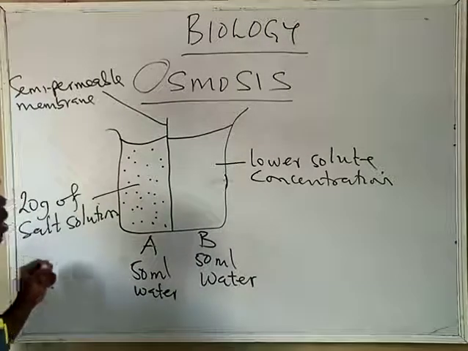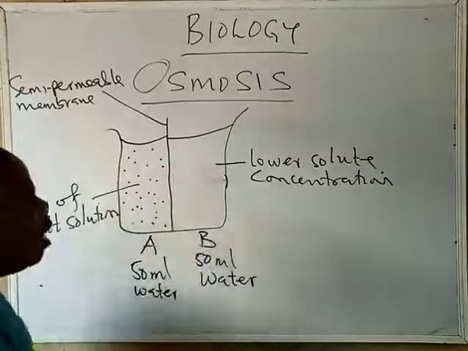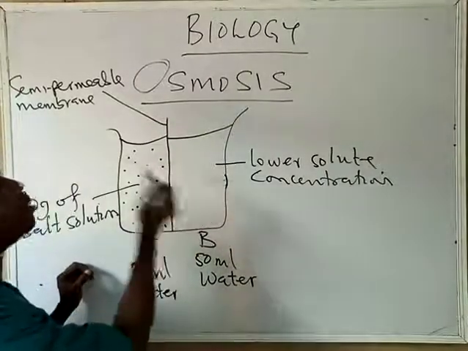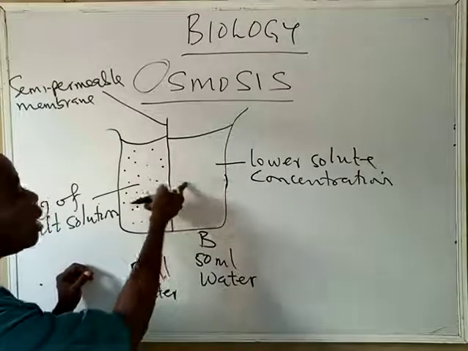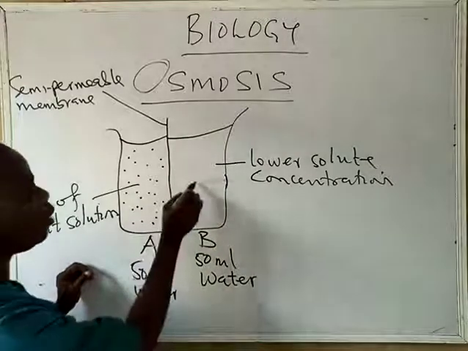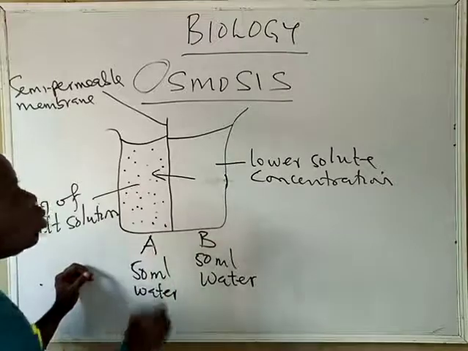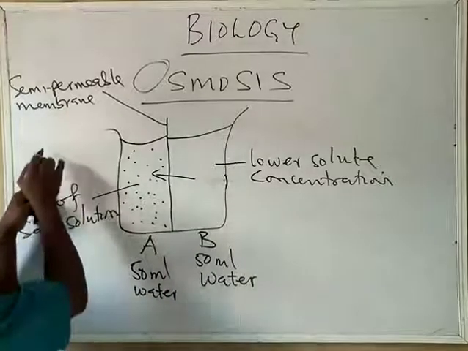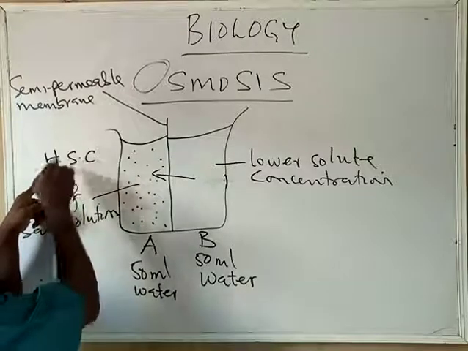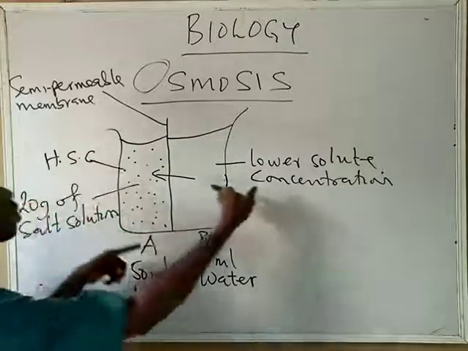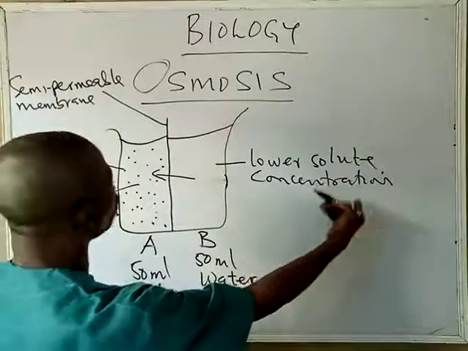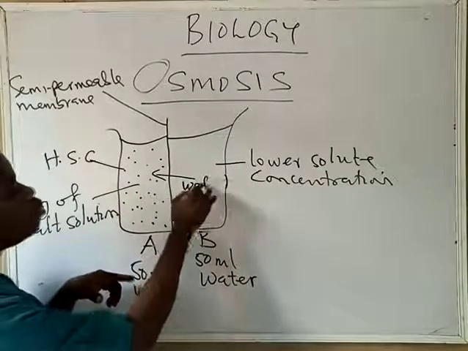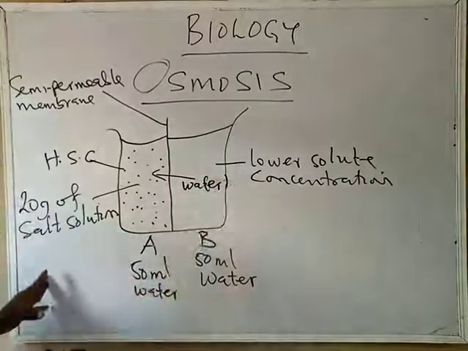So we say that water molecules will now move from regions of lower solute concentration to regions of higher solute concentration. This is region of higher solute concentration. This is region of lower solute concentration. So we expect water molecules to move in that direction.